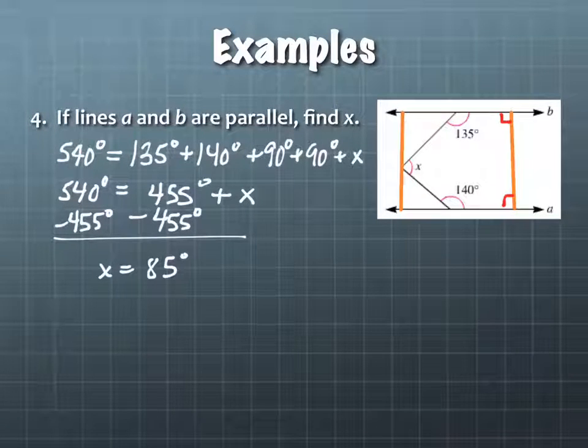So if I did 180 minus 135, what would I get? 45 is right. So here's 45. And 140 with the 180 on the bottom would give me a 40 down here. Thank you.